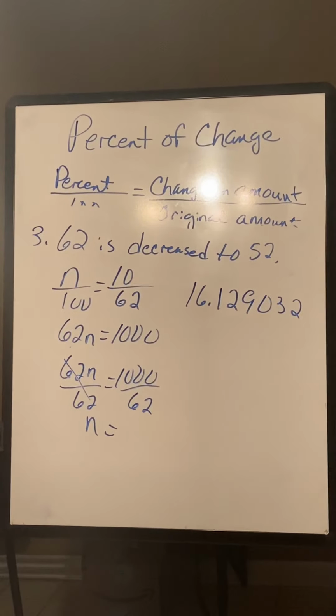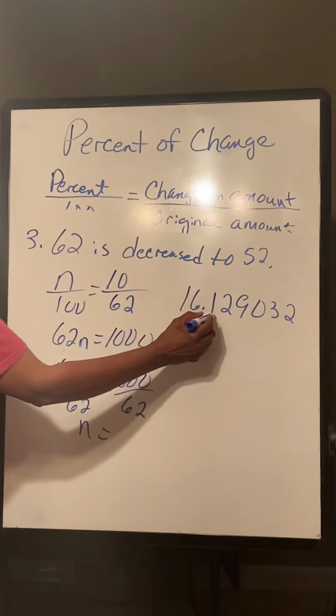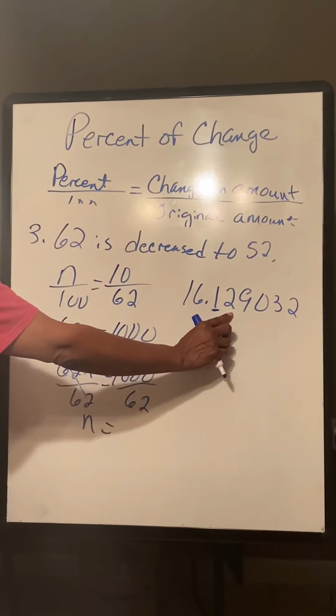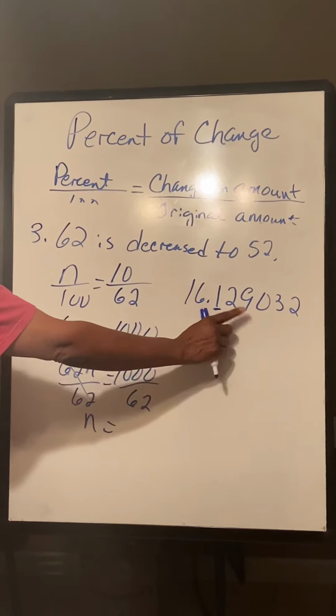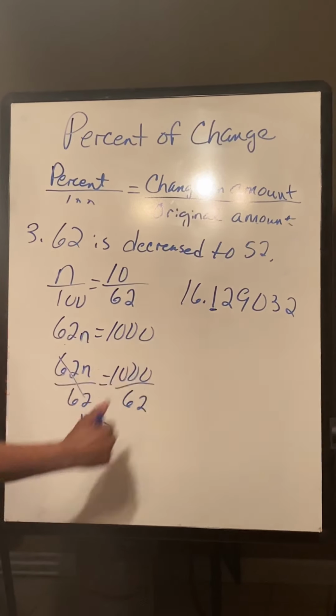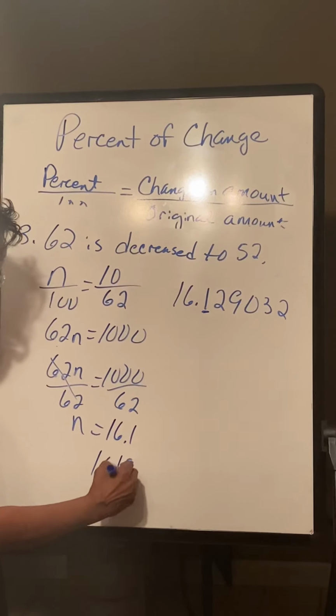I want to round to the nearest tenth, so again, I need to identify tenths place. This digit is in tenths place. The digit to the right of it, in order for me to increase this, I would have to have a 5, 6, 7, 8, or 9, but I have a 2, so that means the 1 remains as 1. So I would have 16.1, so I would have 16.1%.